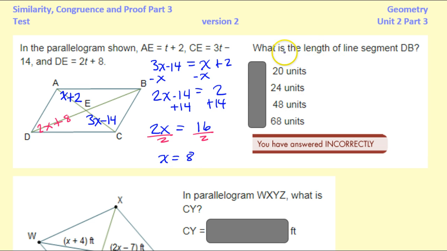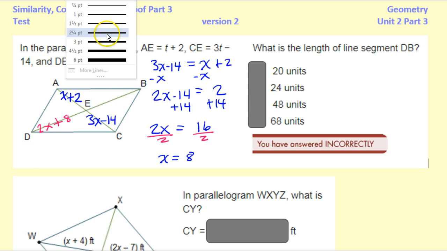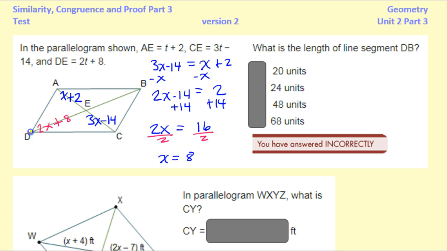So what are they asking me? What is the length of line segment DB? Line segment DB is this entire segment right here.